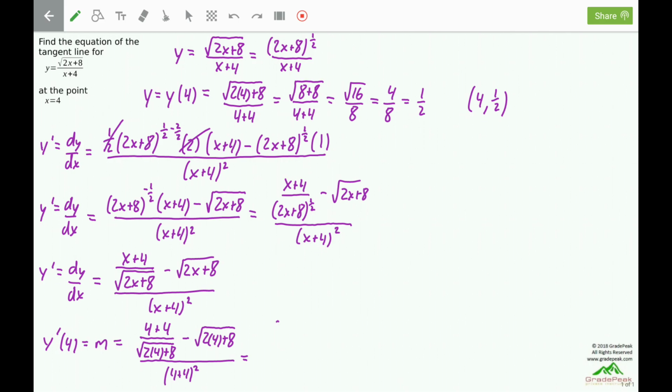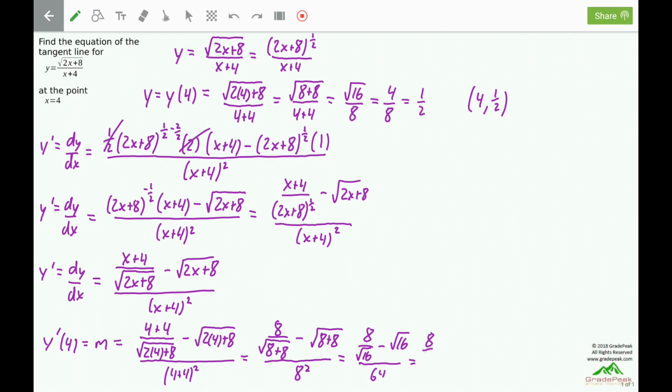So in the numerator, 4 plus 4 is an 8. 2 times 4 is an 8, and likewise in this root. And then down here, 4 plus 4 is an 8. So we have 8 over the square root of 16 minus the square root of 16, and then all divided by 8 squared, which is 64.